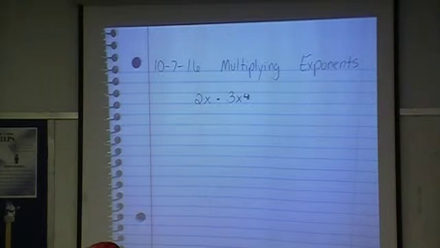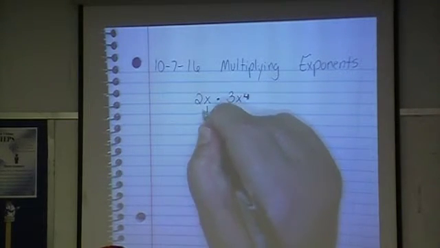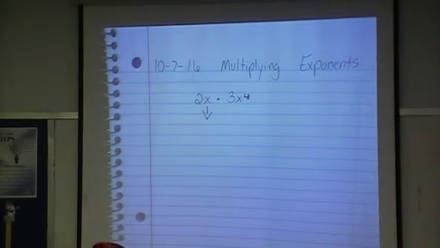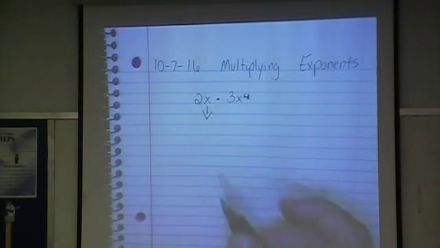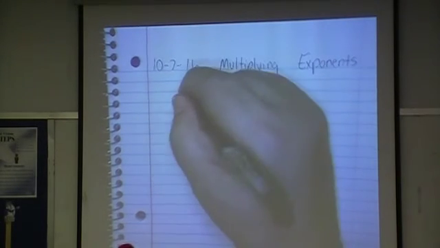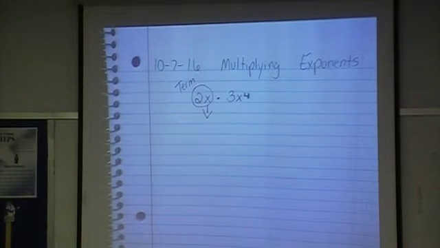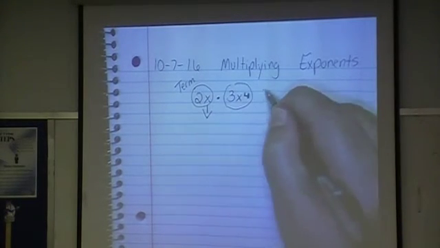Now, when you are multiplying exponents, here's what you've got to think. The x is what my exponent is attached to, okay? We call this whole group right here a term. That's a term. This is a term.